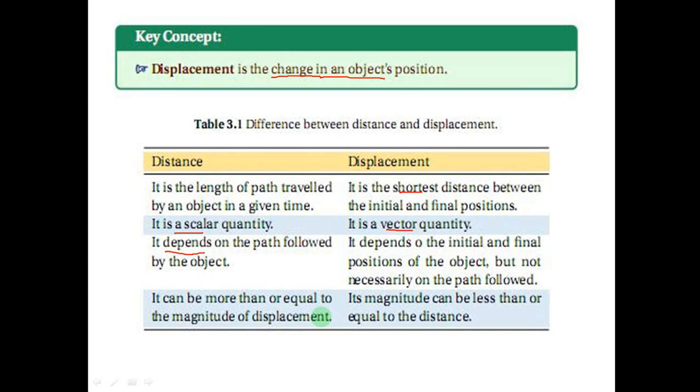But the magnitude of displacement can be less than or equal to the distance. In general, table 3.1 shows the basic difference between distance and displacement. I hope you understand the basic difference between distance and displacement.